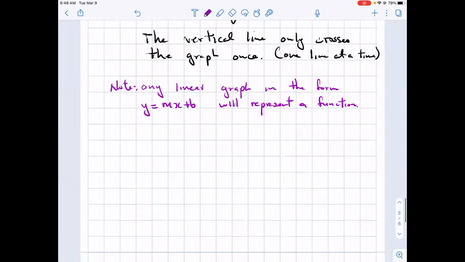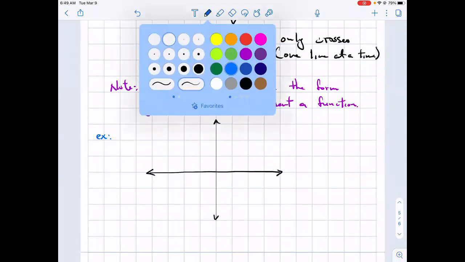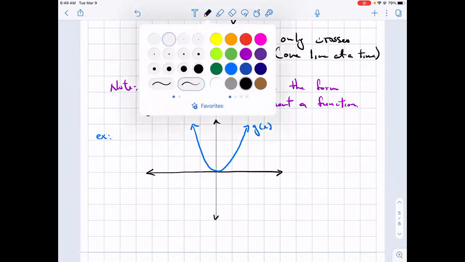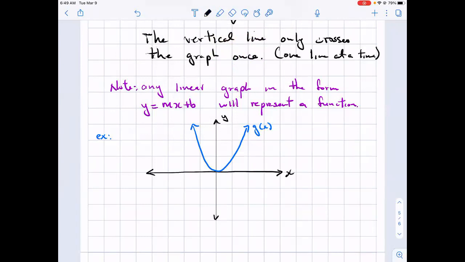If we look at other examples, let's look at another example. Let's look at the graph that looks like this. So this is some function g of x. Here we have the x-axis and the y-axis.